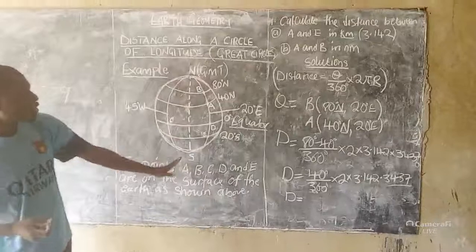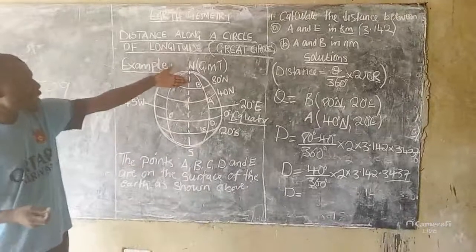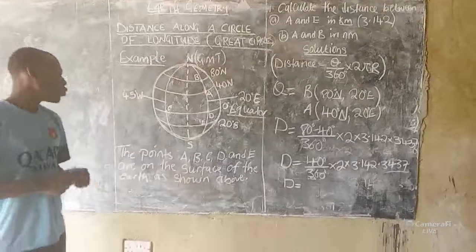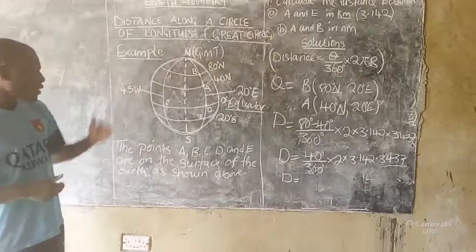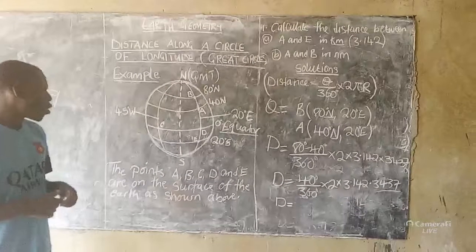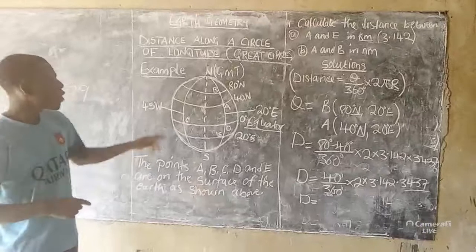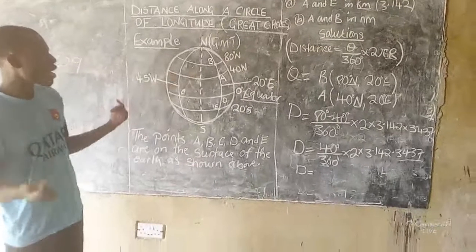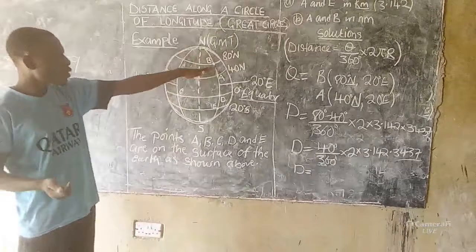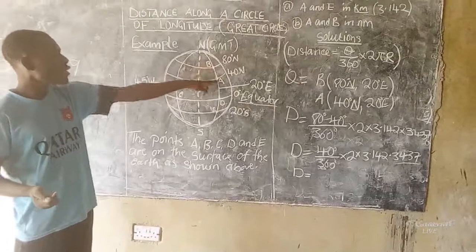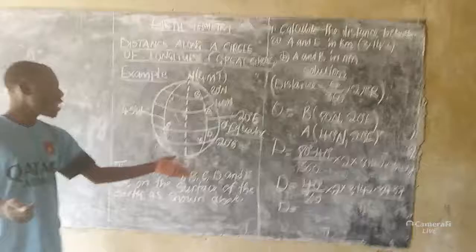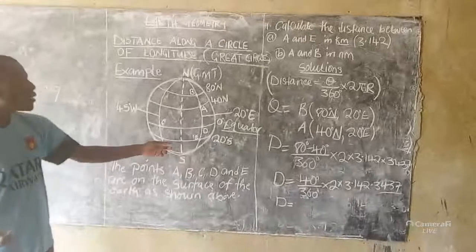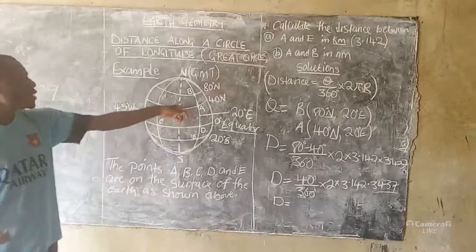So this line divides the earth into 2. When we start talking about time, we use the differences in time. But today we are just talking about how to write the coordinates of the points on the earth's surface, and how to calculate the distances.